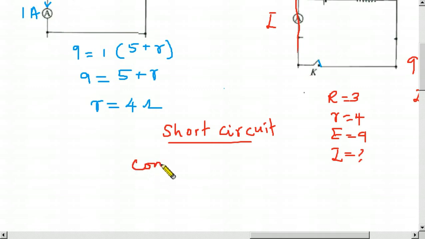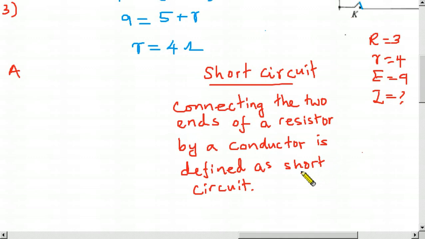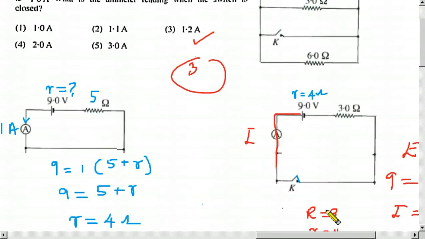If they ask in your essay paper what is meant by short circuit, you have to write: connecting the two ends of a resistor by a conductor is called short circuit. So that is what had happened here in this circuit.